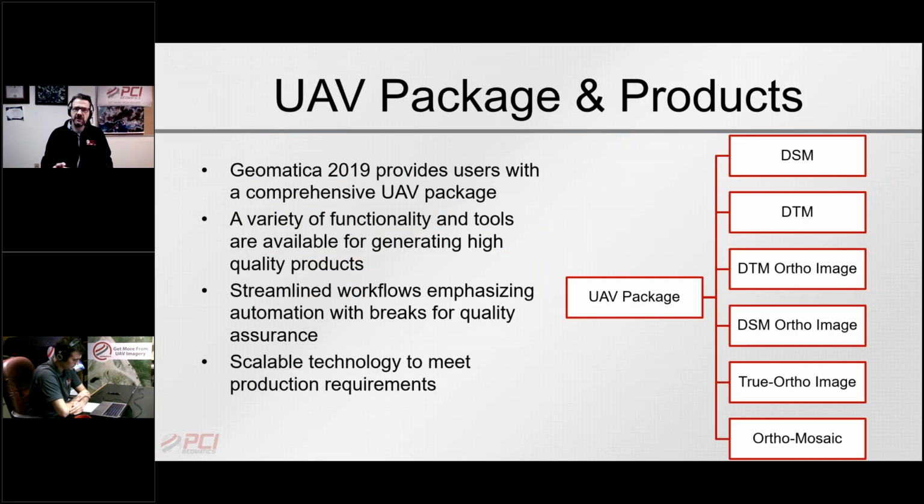And one of the nice things about where we sit in the market today with our UAV package is we're benefiting from all of the work that PCI Geomatics has invested in supporting aerial data processing. About 6 years ago, PCI invested heavily in the development of technology to improve our ability to handle digital frame cameras.